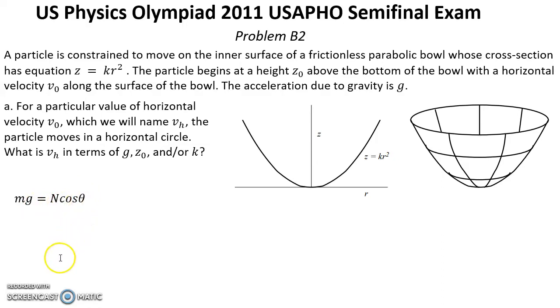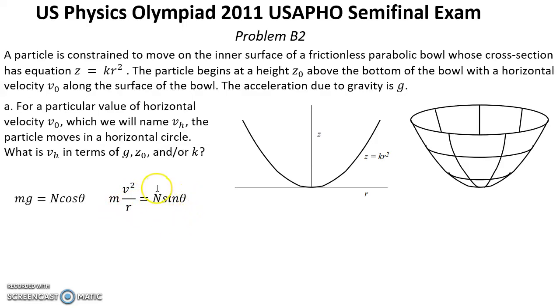In the horizontal direction, we have the normal force multiplied by sine theta, which creates the centripetal force to move in a circle, which is this equation: mv squared over r equals normal force multiplied by sine theta.